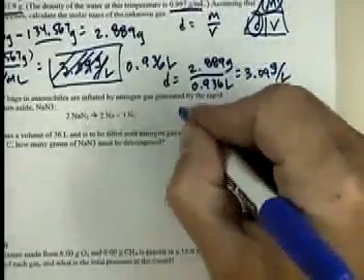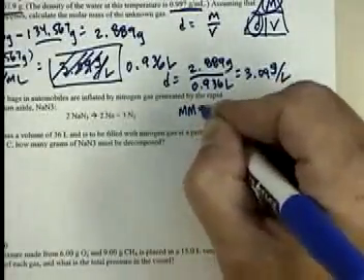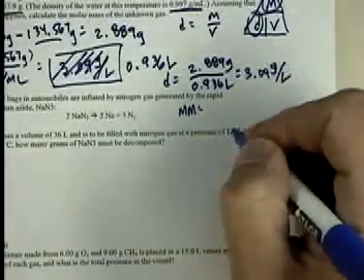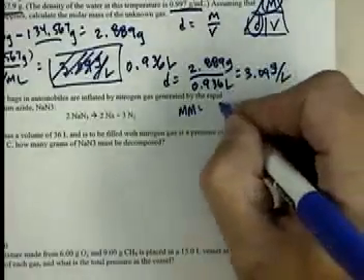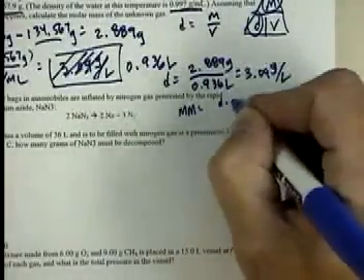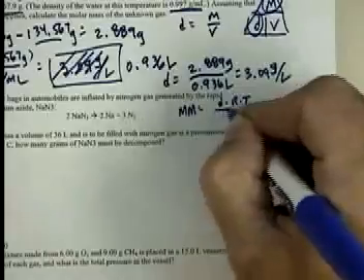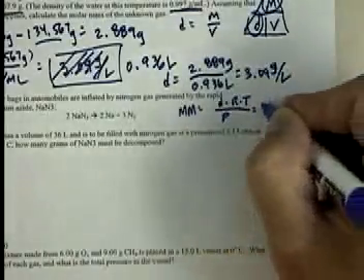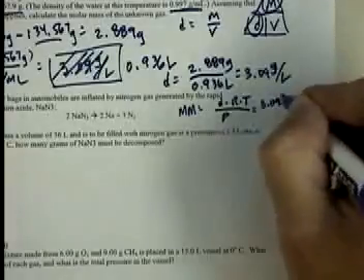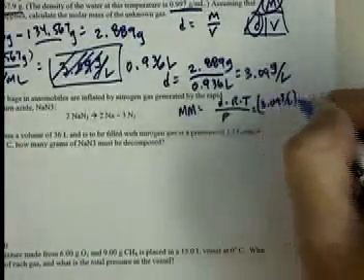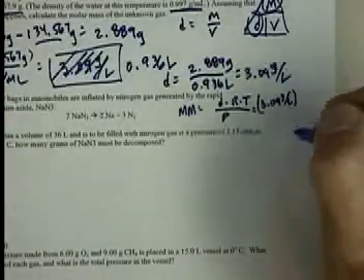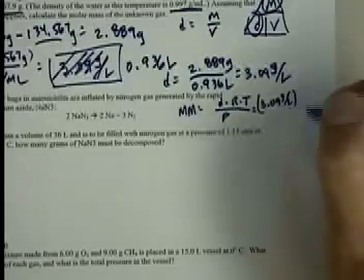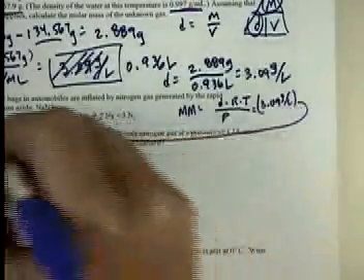I'm going to be a little short on space. I'll see if I can fit it down in here. If I want to know the molar mass, rearranging this equation, it will be equal to density times R times T divided by my pressure. My density is 3.09 grams per liter. I'm going to write this down below here.